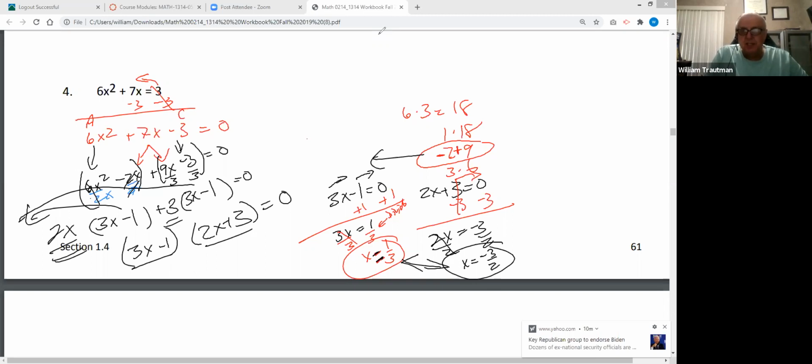Math is very logical, steps and procedures, but you can't just follow the steps and procedures. You have to be able to practice these. That's why if you don't do this homework by tomorrow, you're going to lose a lot.